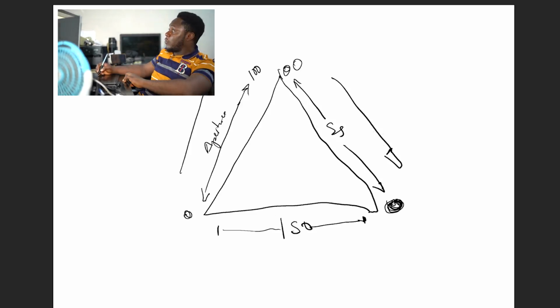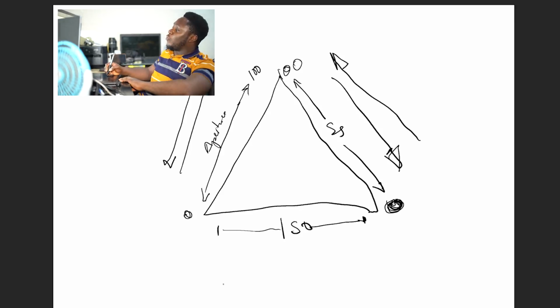Are you getting it now? By the time you are increasing your shutter speed, you are decreasing your aperture. Vice versa. Exactly. That's to help you maintain balanced exposure.